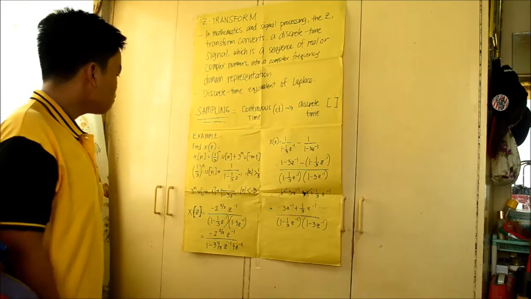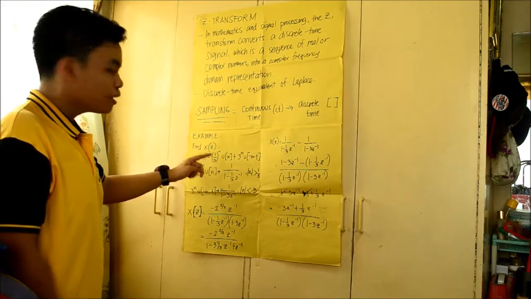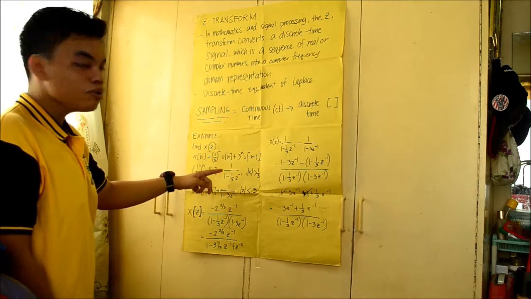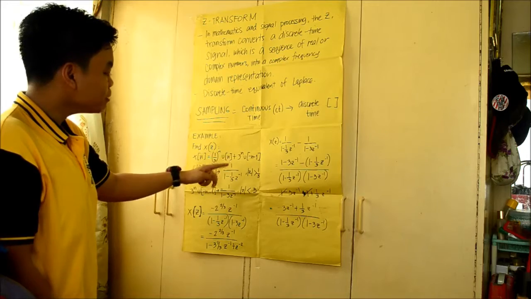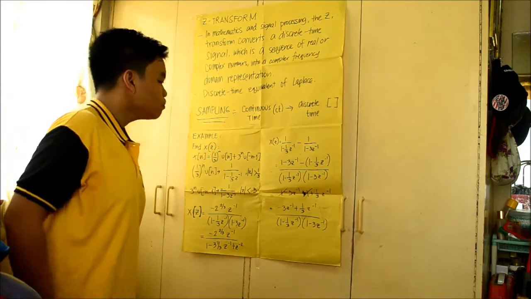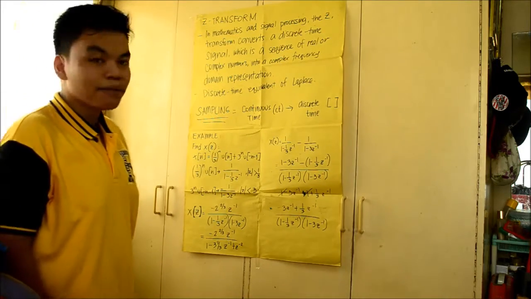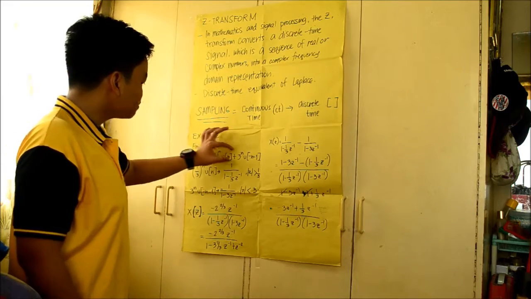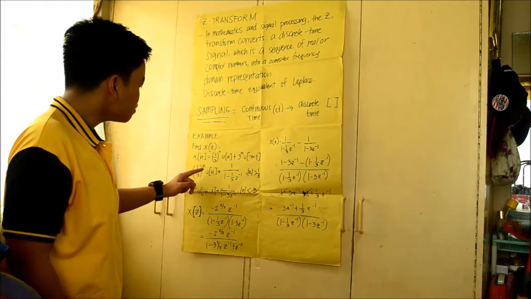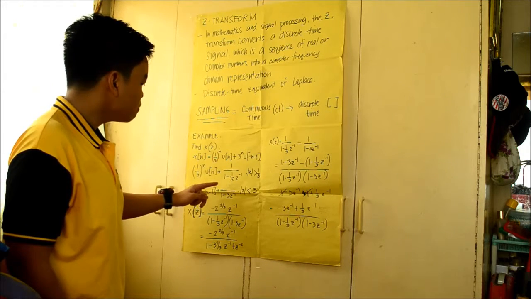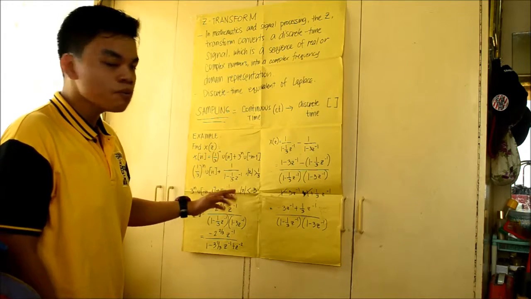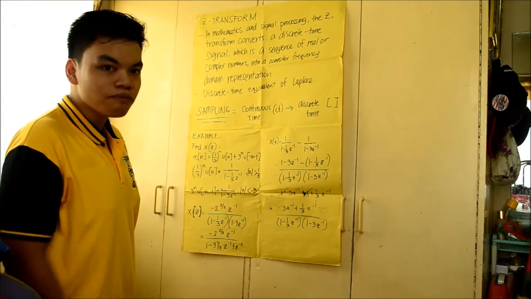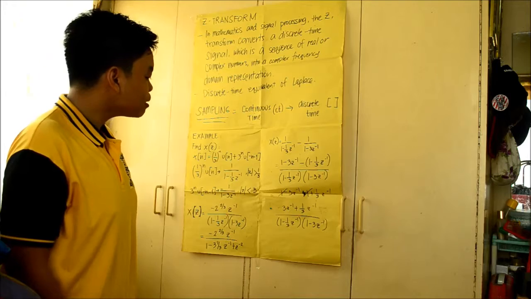Example, find X of z. x of n is equal to 1/3 raised to n u of n plus 3 to the n u times negative n minus 1. So, we will transform first this portion. 1/3 to the n u of n will become 1 over 1 minus 1/3 z to the negative 1, wherein z is greater than 1/3.